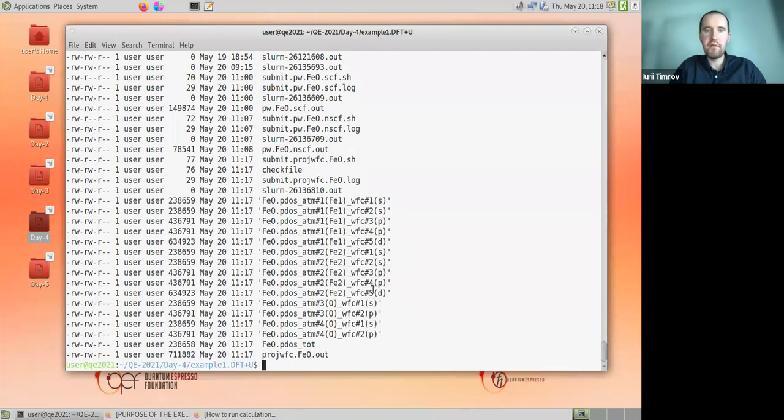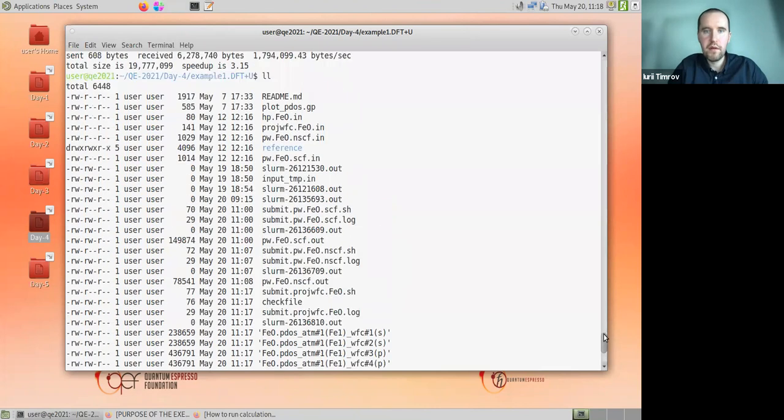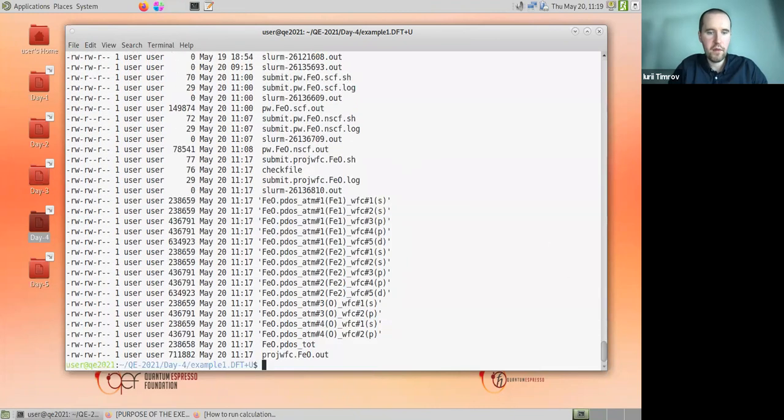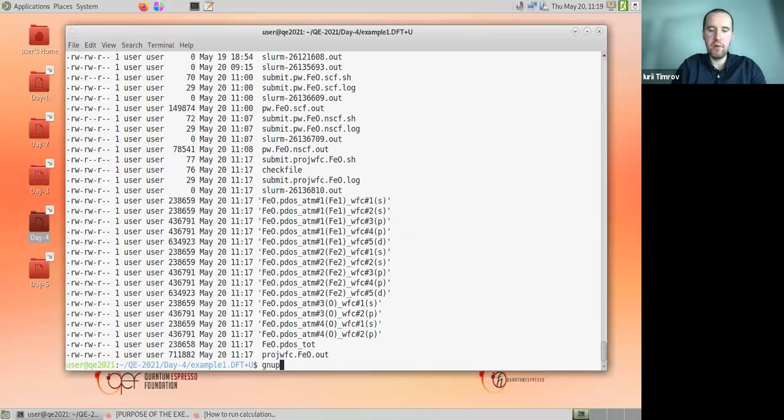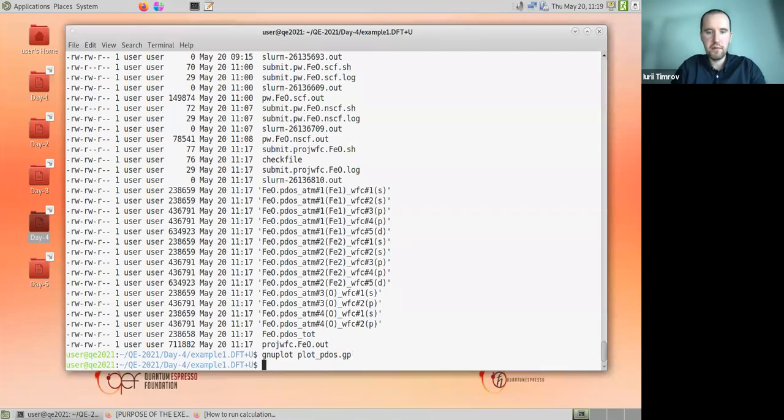For this, we have a script. Where is it? It's called plot_PDOS.gp. So you just type gnuplot and the name of the script. So let's do that: gnuplot, the name of the script.